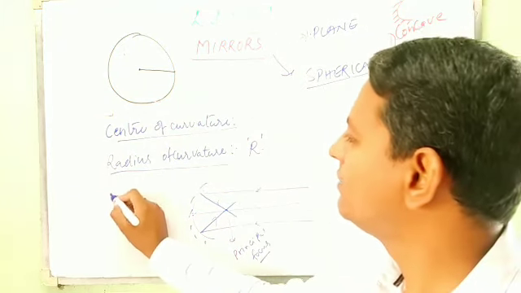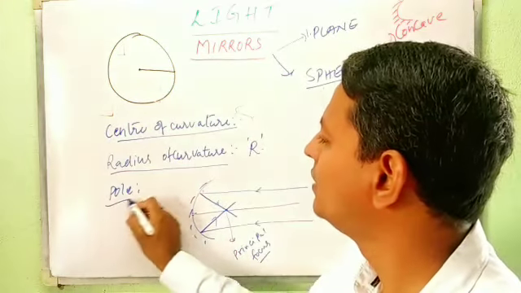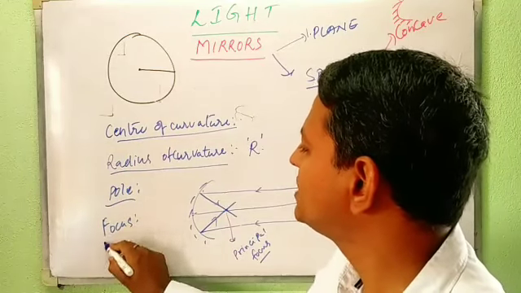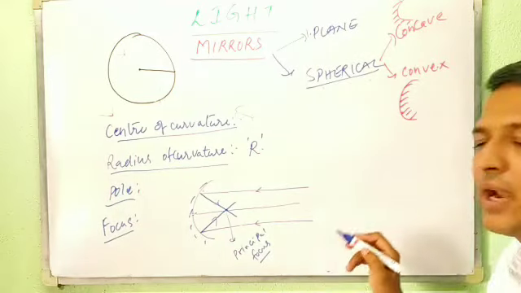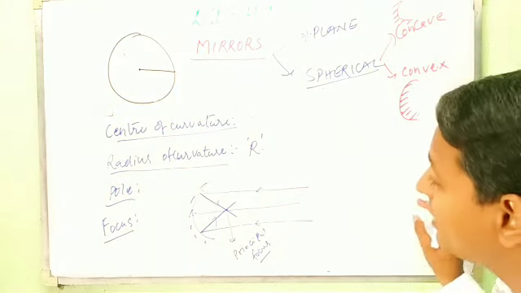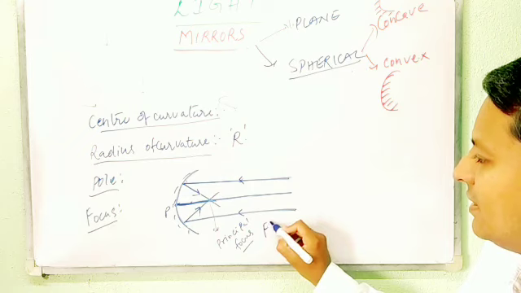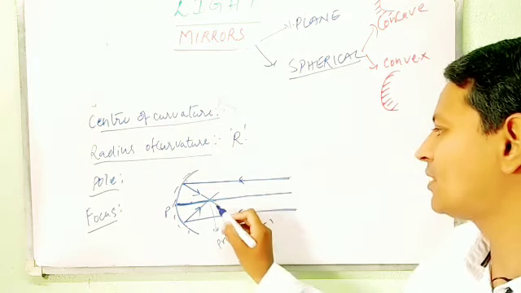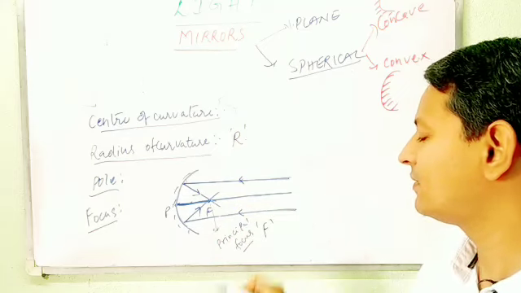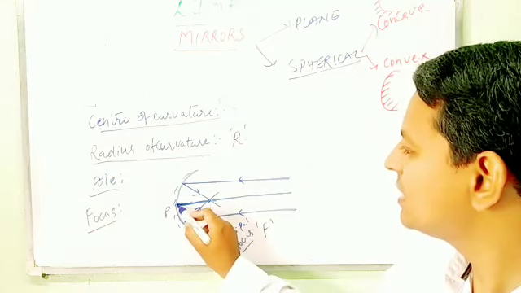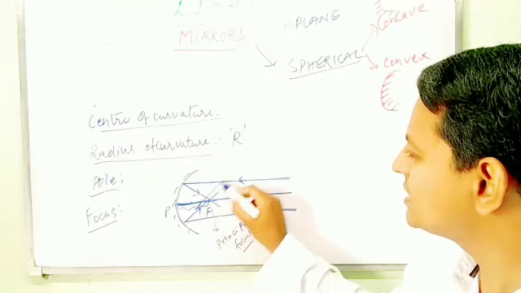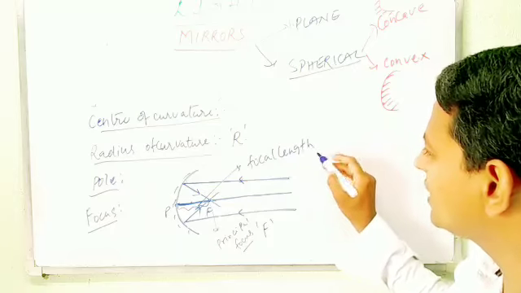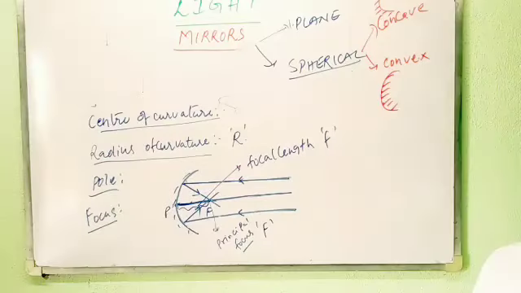So the third point which we understood is pole, and the other part is focus. What is focus? Principal focus is the point at which the reflected rays meet, represented by capital F. Pole is represented by P and principal focus is represented by capital F. Now the distance between pole and focus is called focal length, represented by small f.